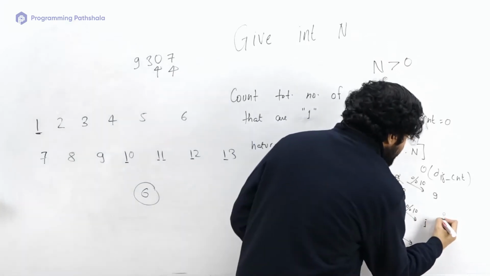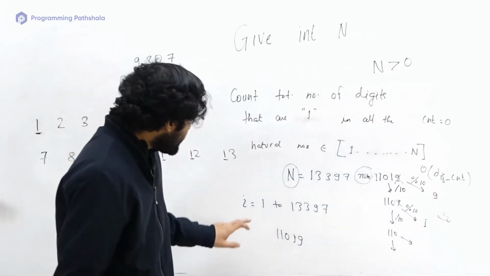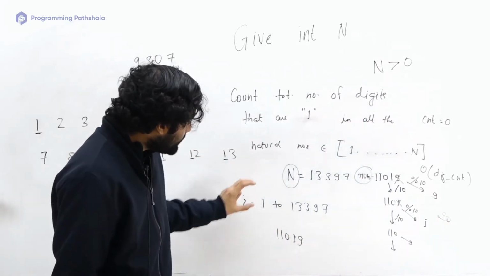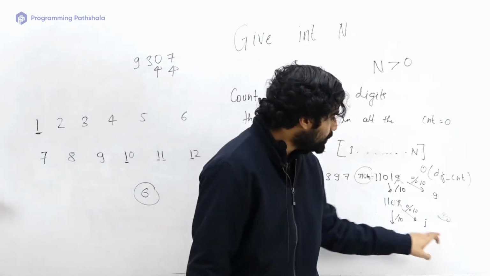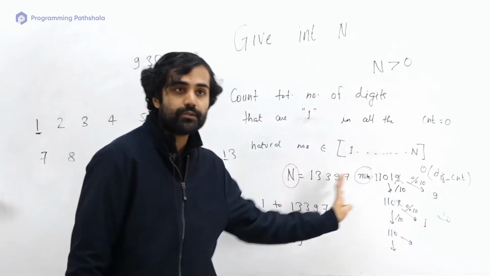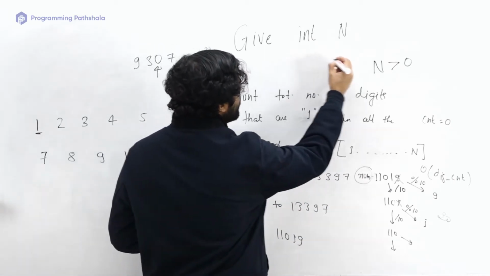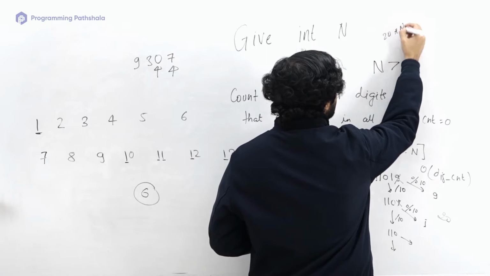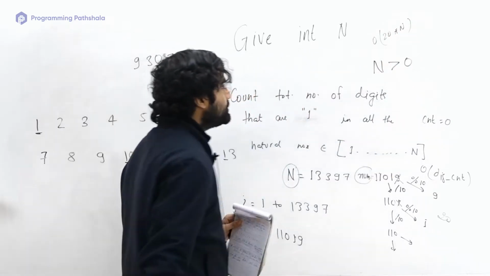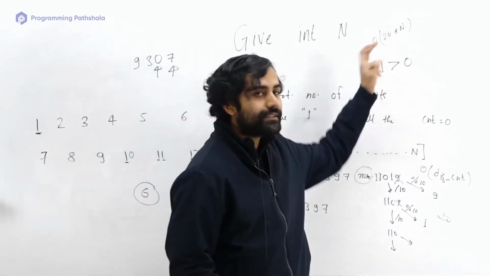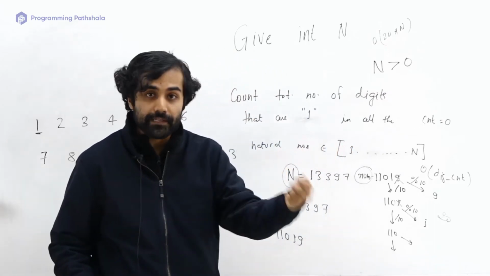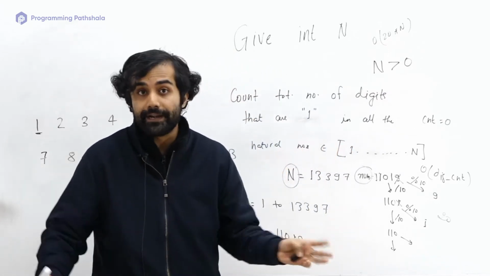If you approximate that, then every number num that you choose will incur 20 operations. And how many numbers are you touching? You are touching numbers from 1 to n, so it would have a complexity of almost 20 into n. You can just ignore this 20 because it is very insignificant in front of n, so you can say it is order n.